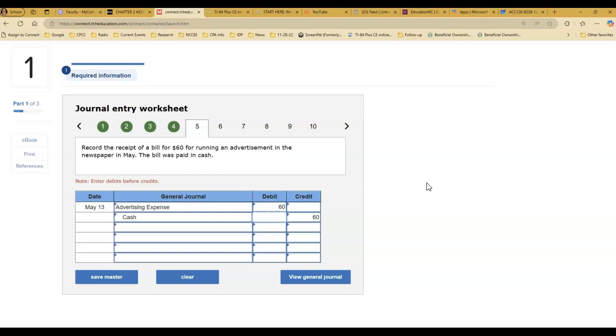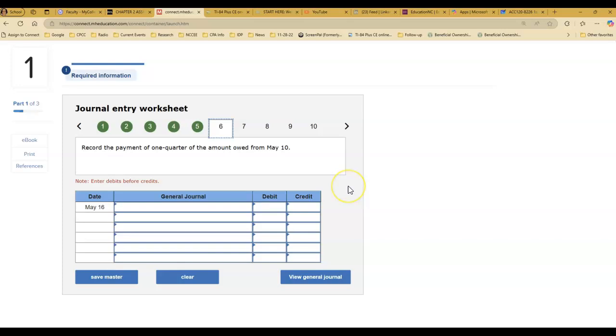Because advertising 99% of the time is custom work, and they're not going to run it until they get paid. They don't want to do the work, and then you go, oh, well, we didn't like the way that looked. It's like, no, you agreed to it, and you approved the print, so you're not going to get advertising until you pay for it. So this one runs a little funky.